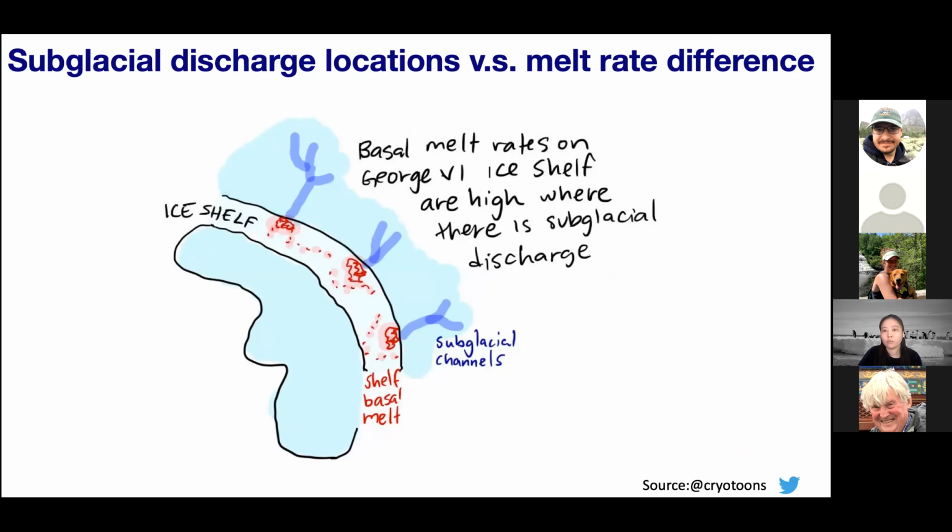So just for comparison purposes, here's a much better version of the figure, which shows what I just described, the relationship between melt rate and subglacial discharge. It shows how nicely the channel outlet locations line up with the elevated areas of high melt rates.